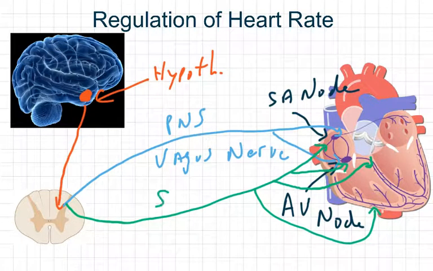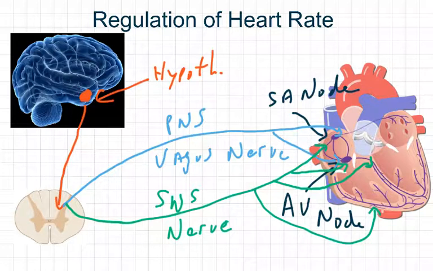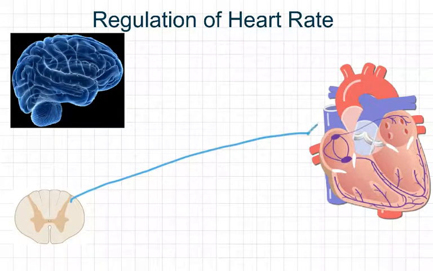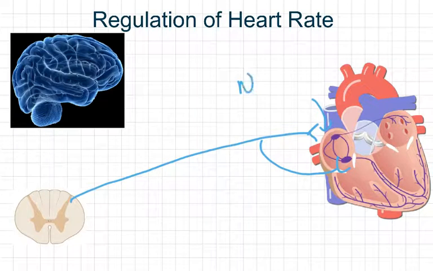And again, this is our sympathetic nervous system nerve. Reaching back to what we mentioned in the previous slide, the parasympathetic nervous system, when it communicates with the SA and AV nodes, its neurotransmitter is acetylcholine.